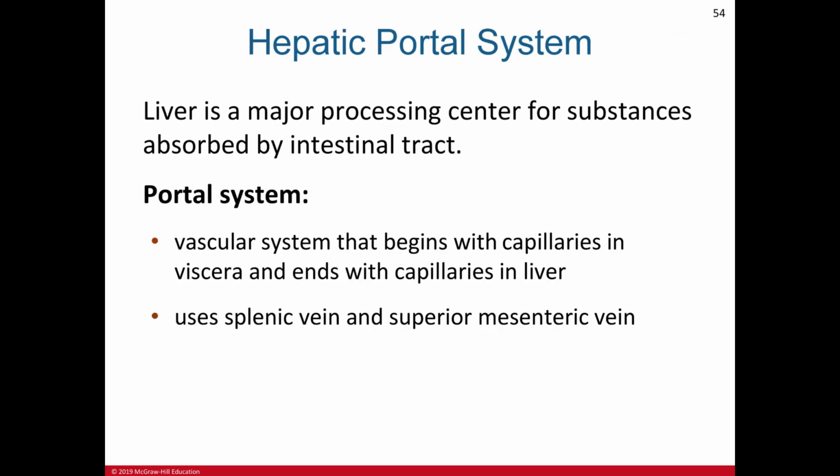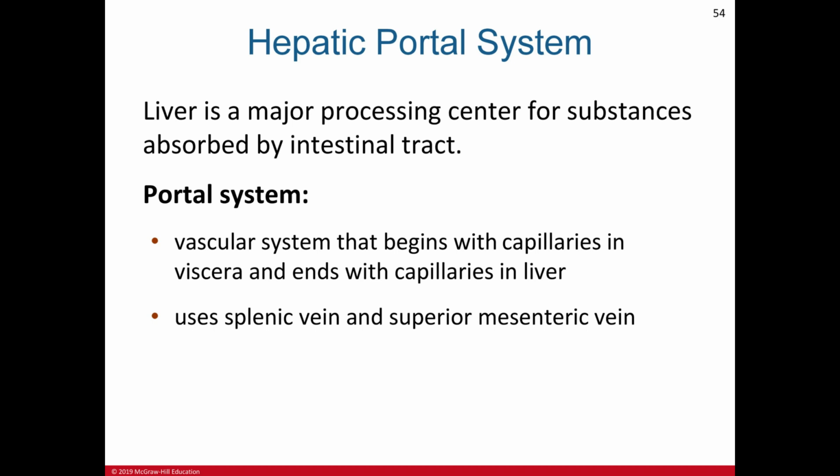One of the most important parts of the circulatory system is the hepatic portal system. You will tackle an in-depth discussion of this hepatic portal system in your clinical chemistry course soon. The liver is a major processing center for the substances absorbed by the intestinal tract. Together with the kidney, they help remove toxic substances from our body.